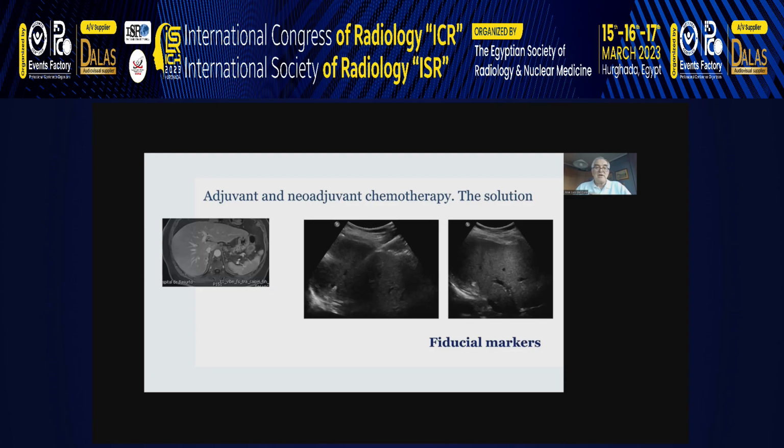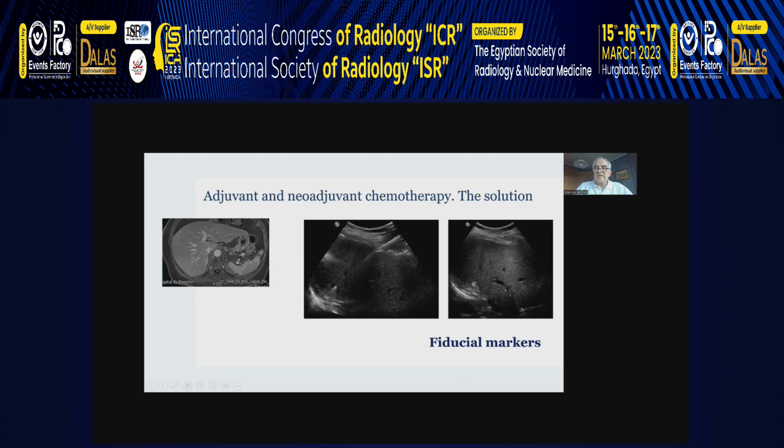We have the possibility of placing a marker that can be seen during surgery or during the ablation, inside the lesions. In this case, for example, we have these two small metastases in the liver, and using a needle, we can leave a small metallic marker inside the lesion, which can be seen, for example, using ultrasound during surgery.